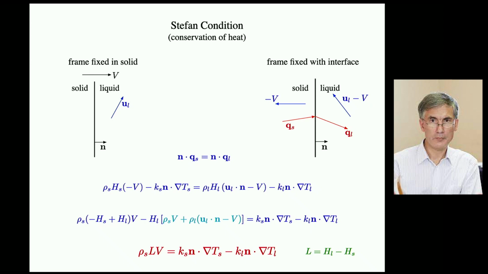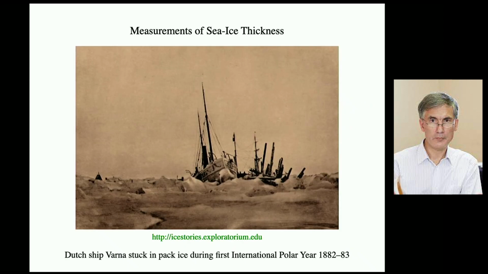This is perhaps the most important equation of the course. It's called Stefan's equation, or the Stefan equation, and it tells us how phase boundaries move given the mismatch in heat flux either side.